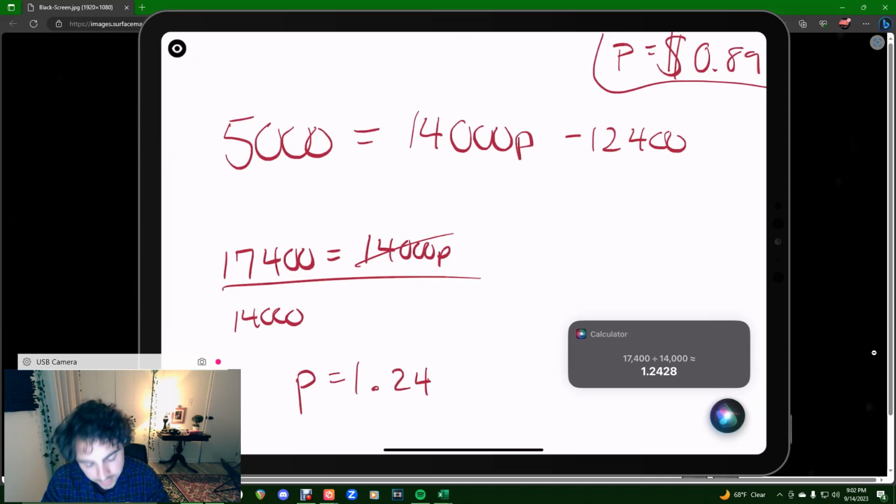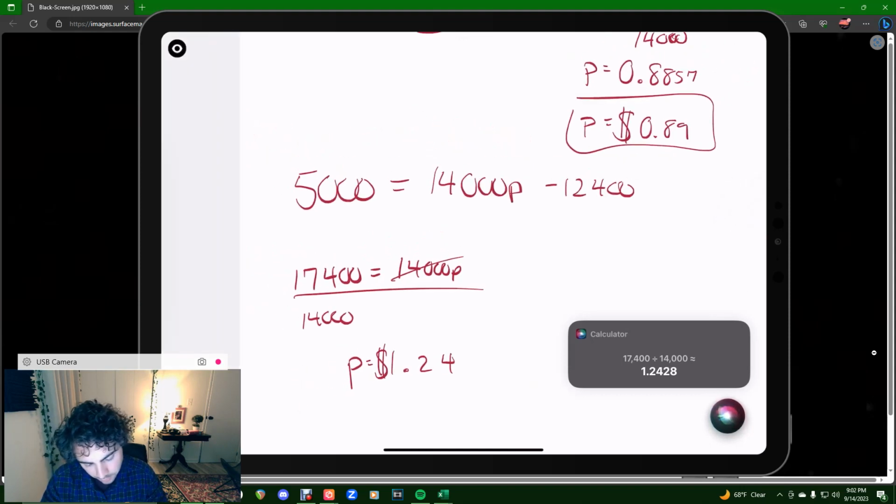I think the answer key said $1.25. So, whatever you want to go with, it's really subjective at that point, depending on what you think is a reasonable profit.